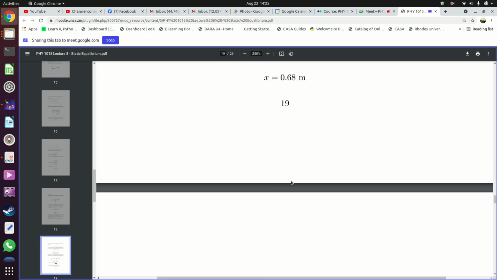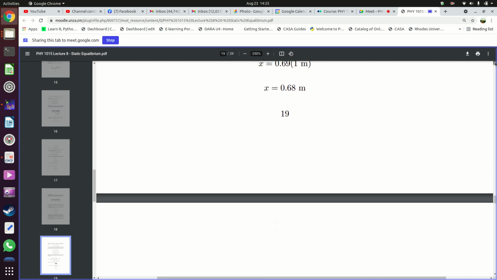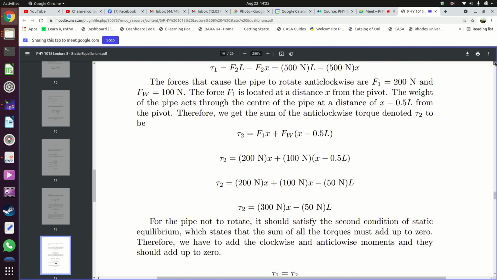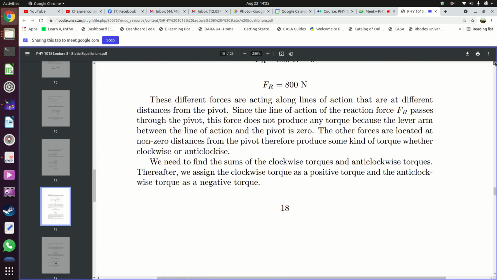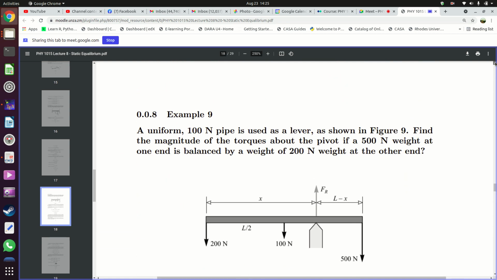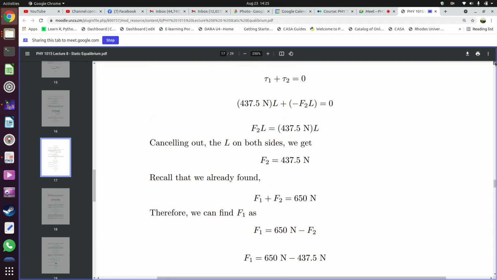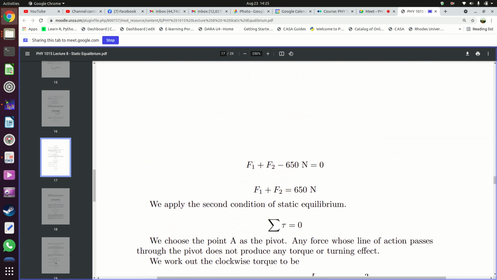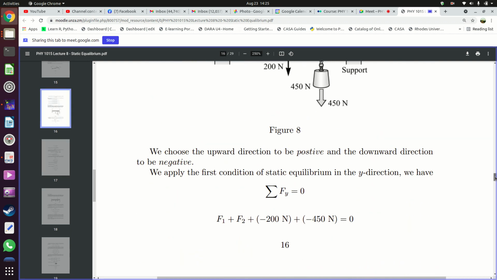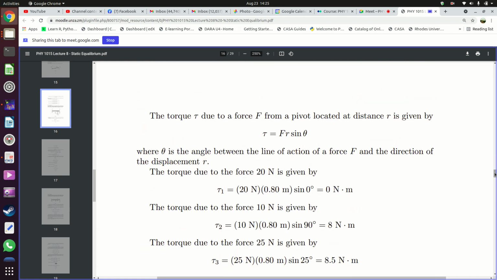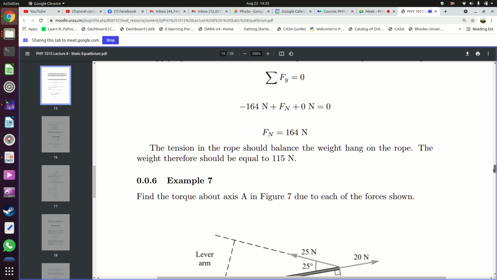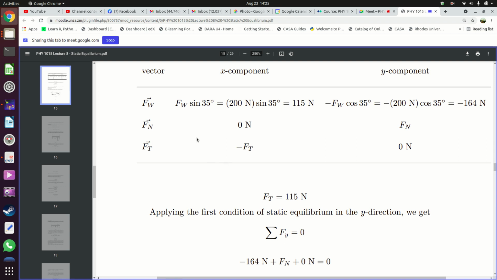Yes, sir. So it's going to be the normal force. So you put Fn here, right?